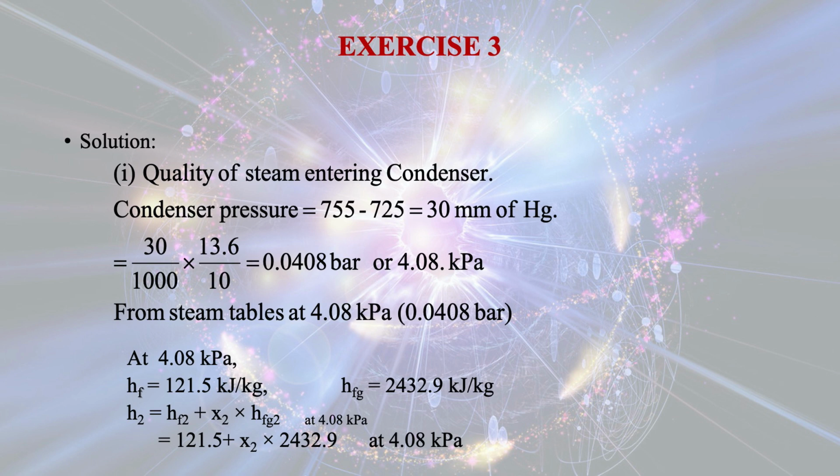Now H2 is equal to HF2 plus X2 multiplied by HFG2, where X2 is the quality of steam or dryness fraction of the steam at the pressure 4.08 kilopascal. So H2 is equal to 121.5 plus X2 multiplied by 2432.9. Now we will use the energy balance equation in the turbine, and the flow rate.